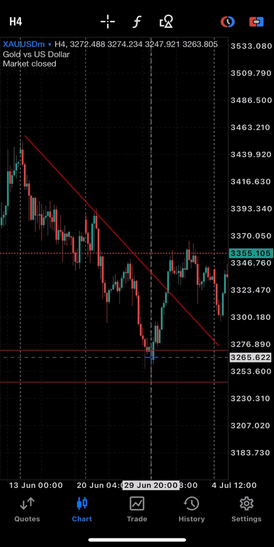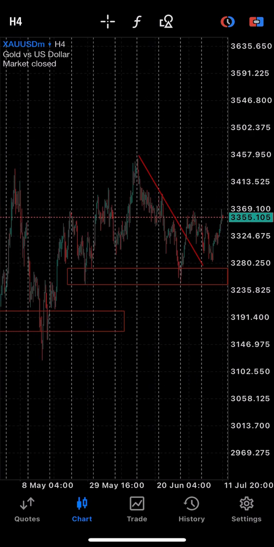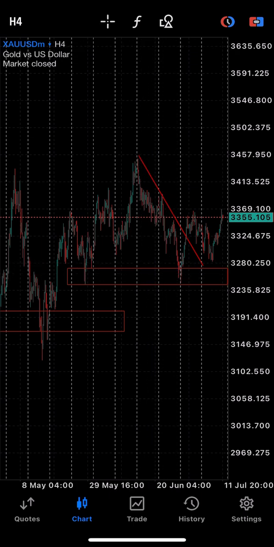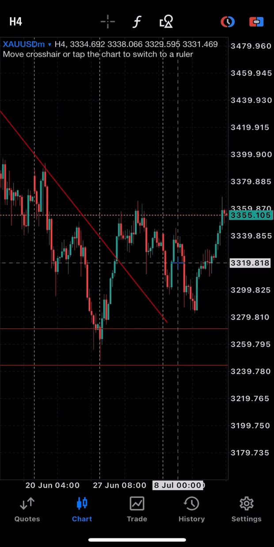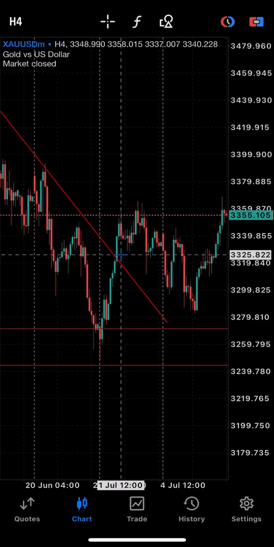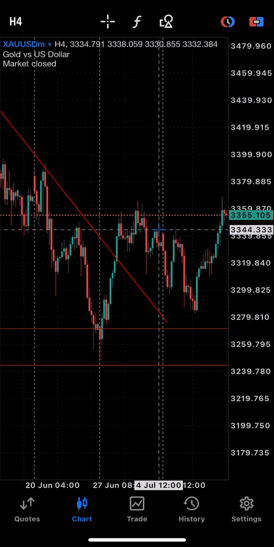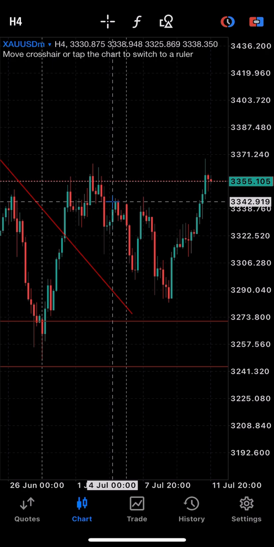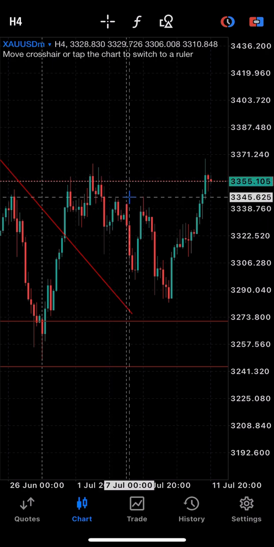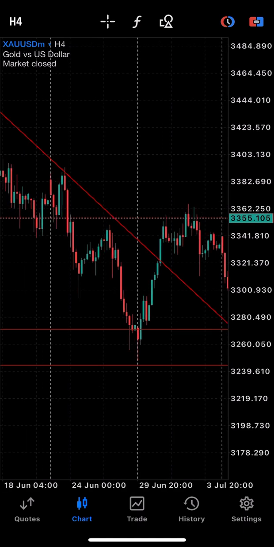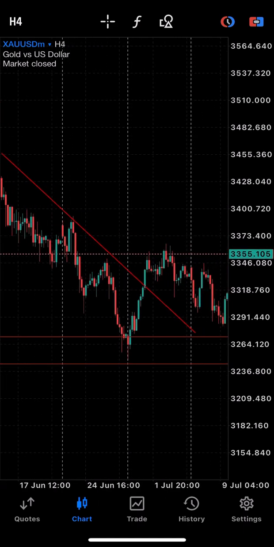But from this demand zone, which I highlighted on the daily time frame, you can see that the market went up and then it broke this bearish trend line here. And then it went up. What happened here is the market went up and then it formed a new bearish trend again.